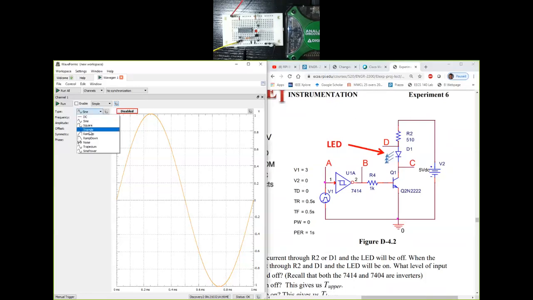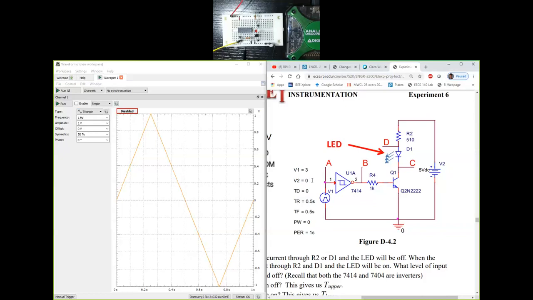So let's do a triangle selection, and because the period is 1 second, my frequency over here should be 1 over time period, which is going to be 1 hertz, and the amplitude is going to go between 0 and 3 volts. So if the amplitude is going between 0 and 3 volts, peak to peak is going to be 3, which means I need to select an amplitude of 1.5 volts. And if you do a selection of 1.5 volts, it is going to be between negative 1.5 and 1.5.